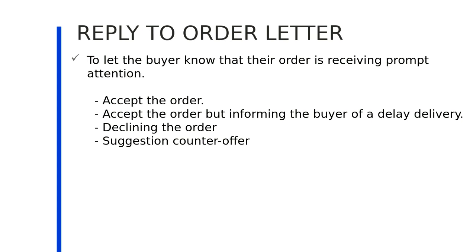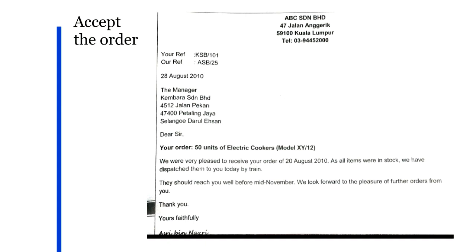Okay, accept order, this is the sample one. I will not go through it in detail, but you can see how the organization tries to accept the order. Your order of 50 units of electric cookers: we are very pleased to receive your order of 20 August. As all items were in stock, we have dispatched them to you by train.